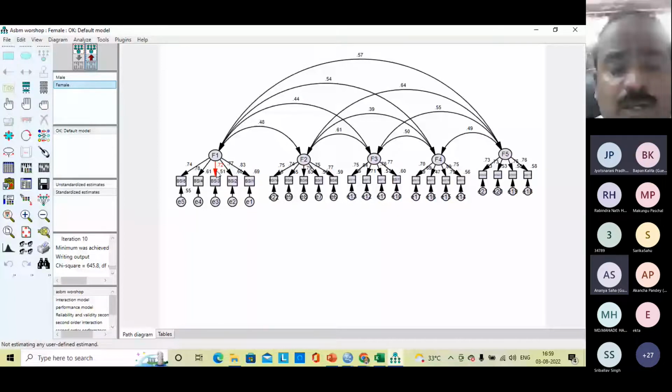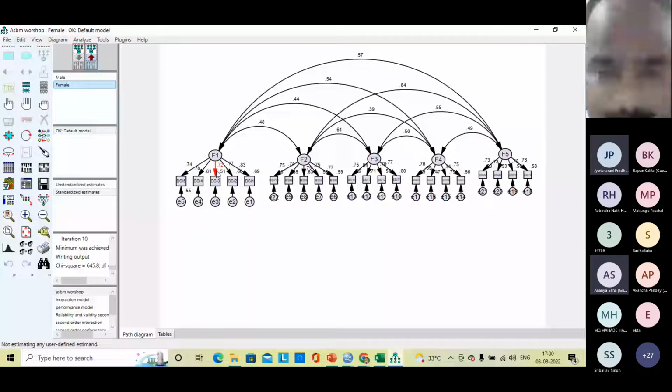The same indicator measures the same construct a little bit differently over male and female. But the question is, is it significantly differing? If not significantly differing, then we win in the test, that is invariance, which the reviewer requires.